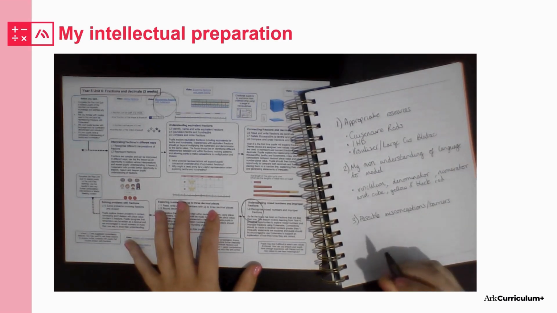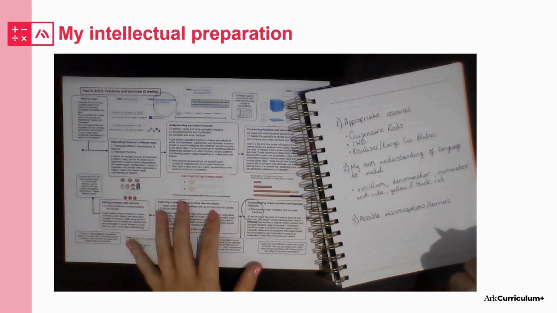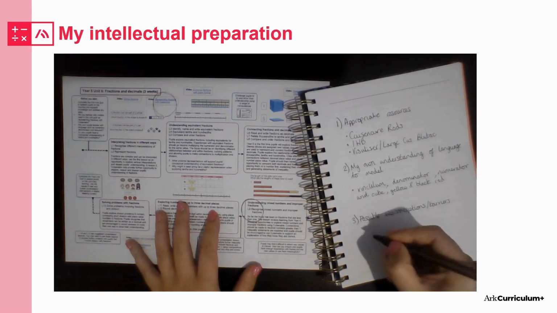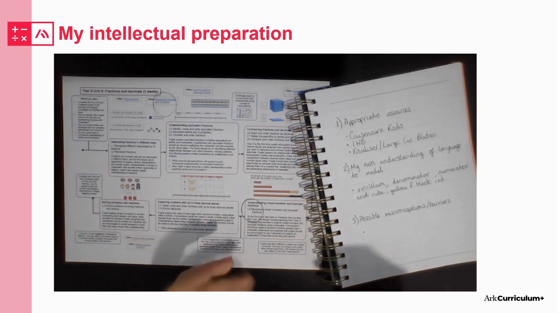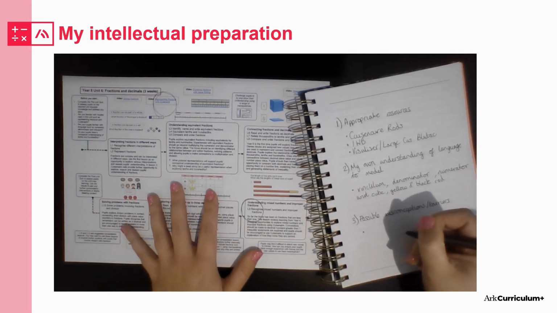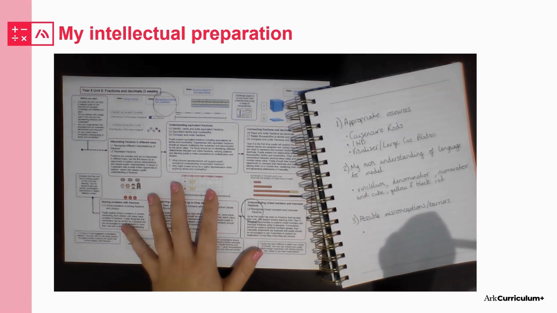Finally, I'm going to really think hard about the possible misconceptions or barriers to pupil success within this task. Okay? If we think about those misconceptions and barriers in advance, it supports us with helping children to develop their conceptual understanding. I'm thinking off the top of my head that actually a lot of children in my class don't know the values of the Cuisenaire rods, and they might think, okay, so maybe yellow is worth 5.